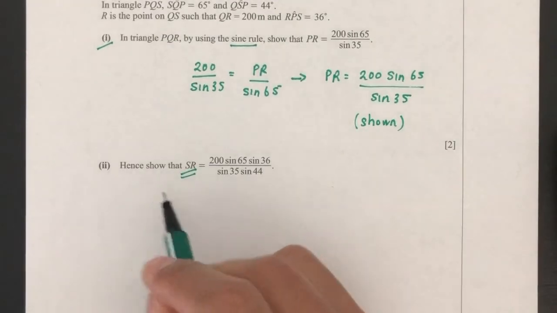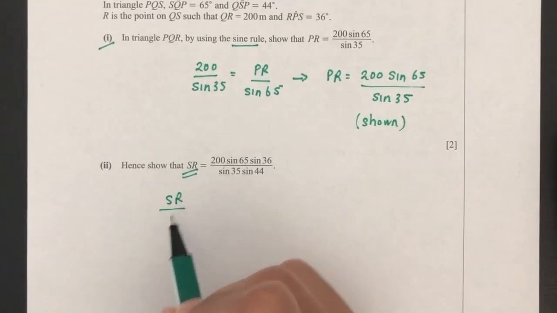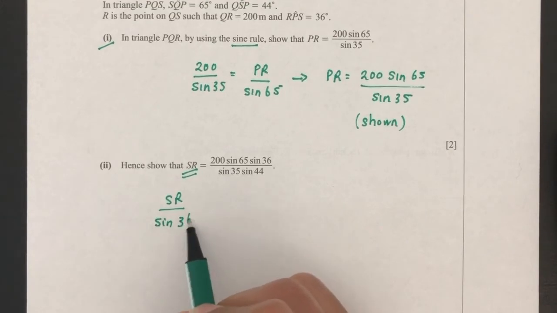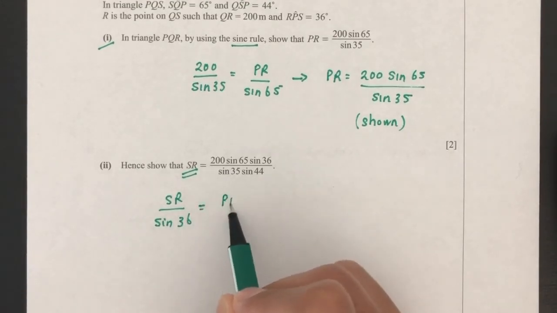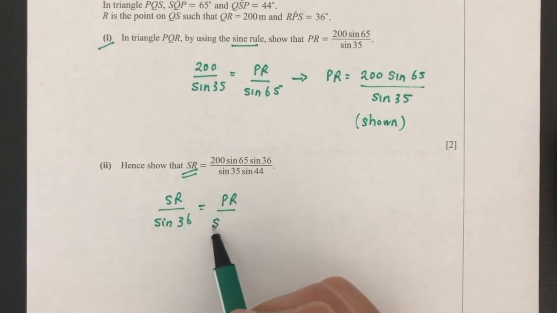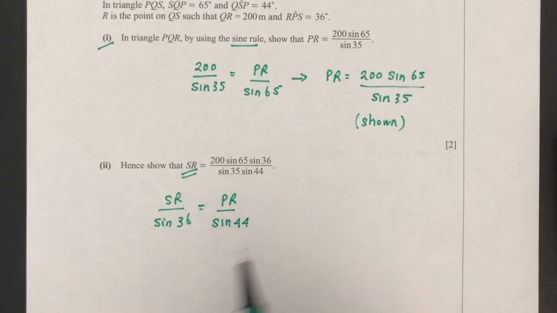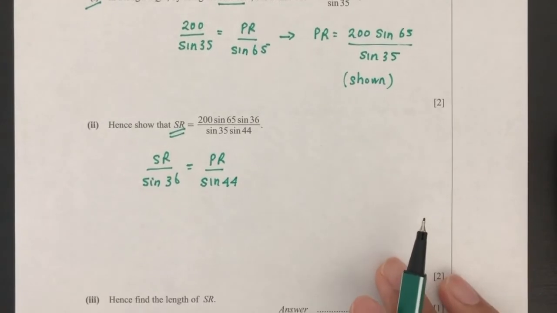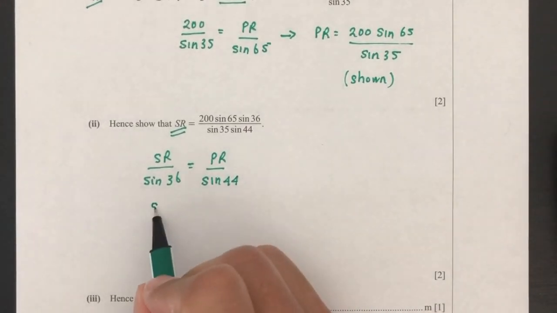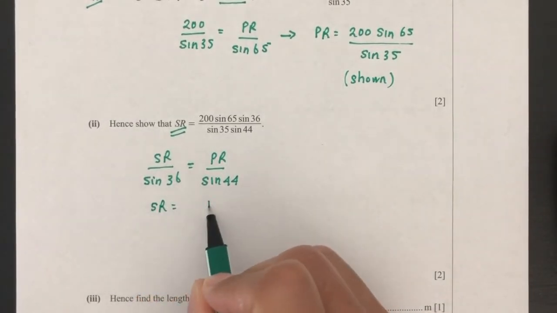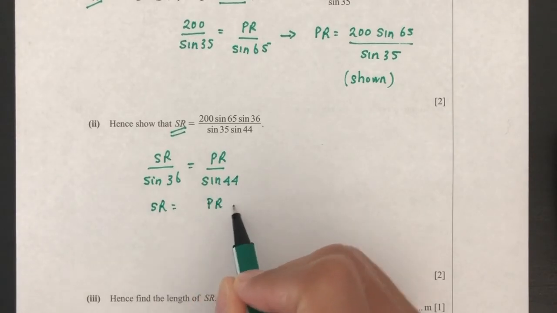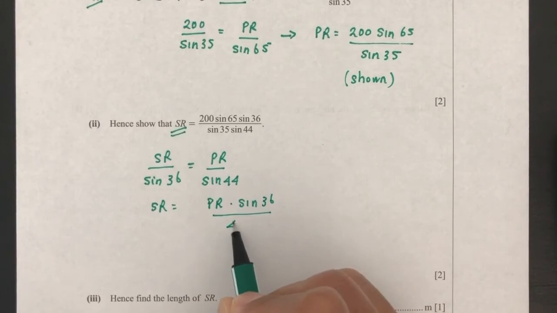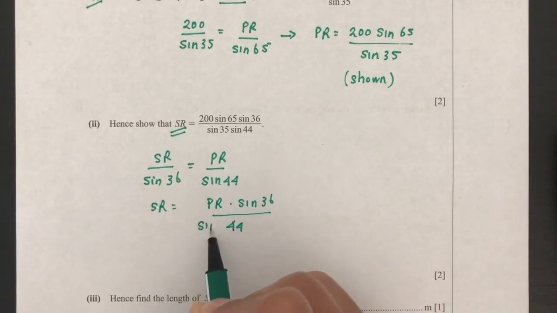So you write SR over the sine of the angle opposite, that will be 36, is equal to PR over sine 44. We're looking for SR, so let's make SR the subject of the formula. So SR will be equal to PR times sine 36 divided by sine 44.